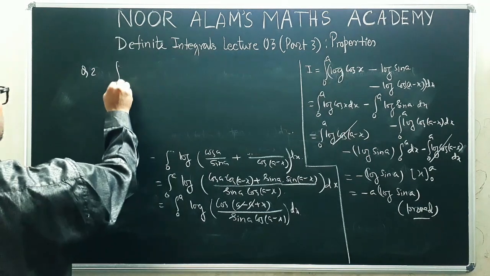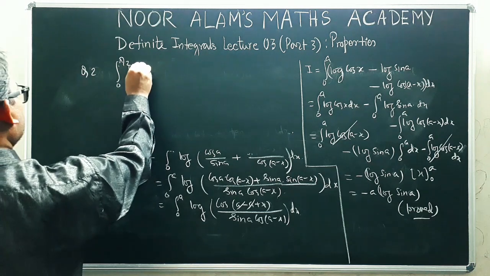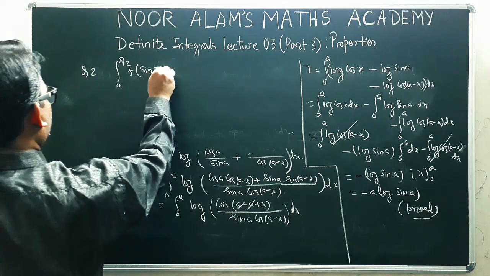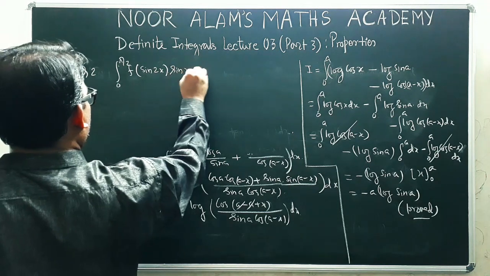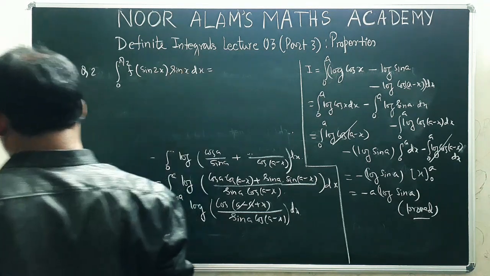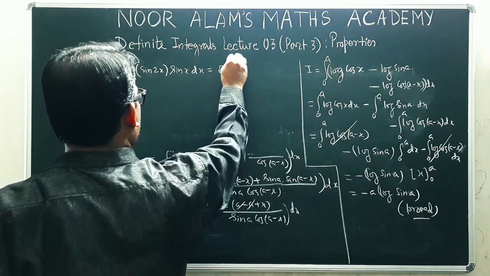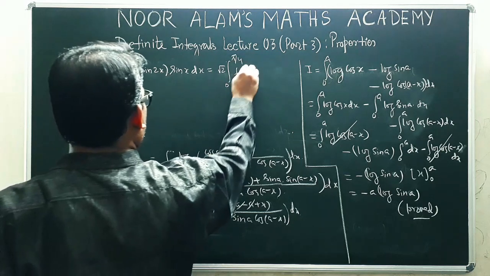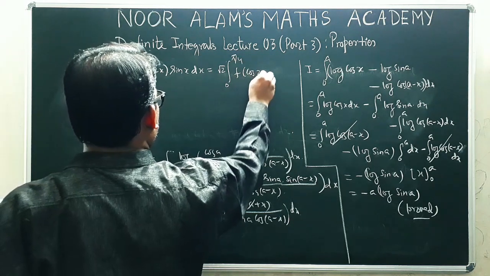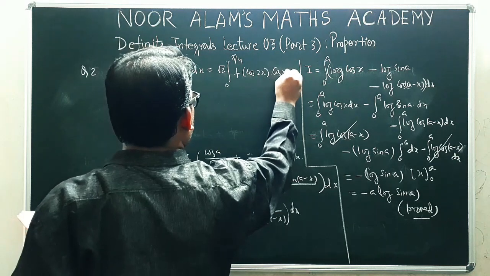Prove that the integral from 0 to pi by 2 of f(sin 2x) sin x dx is equal to root 2 times the integral from 0 to pi by 4 of f(cos 2x) cos x dx.